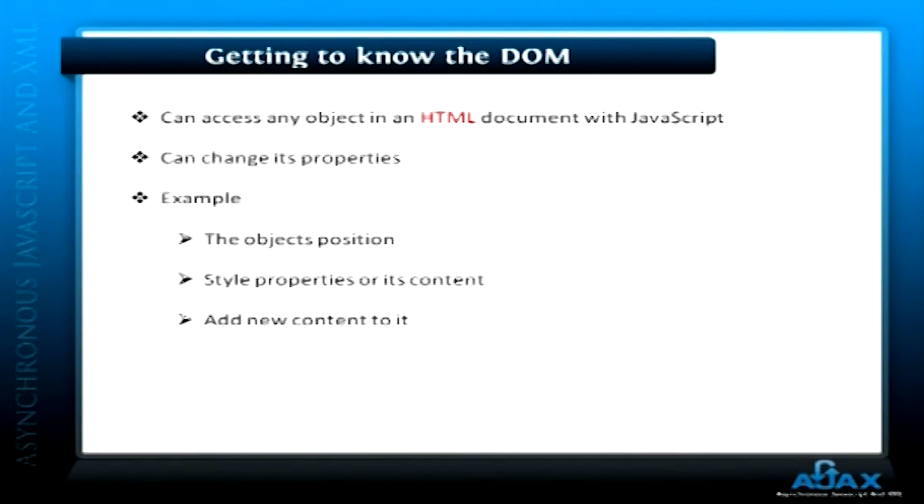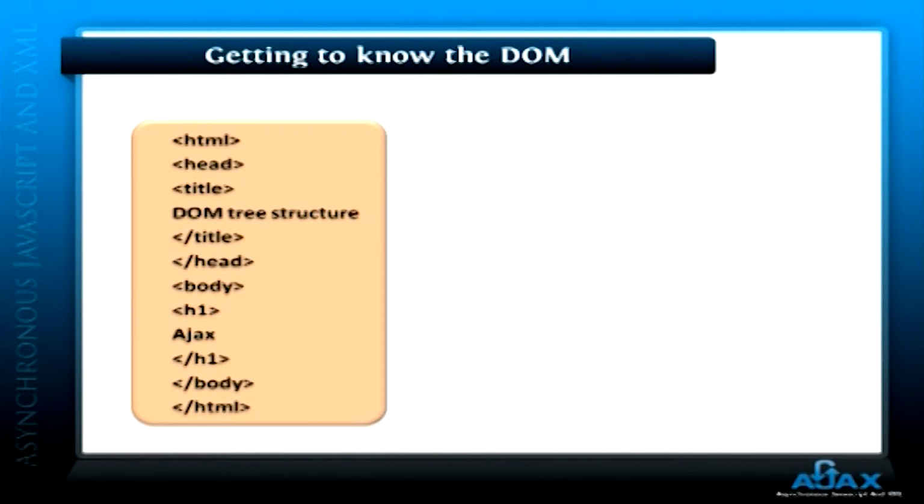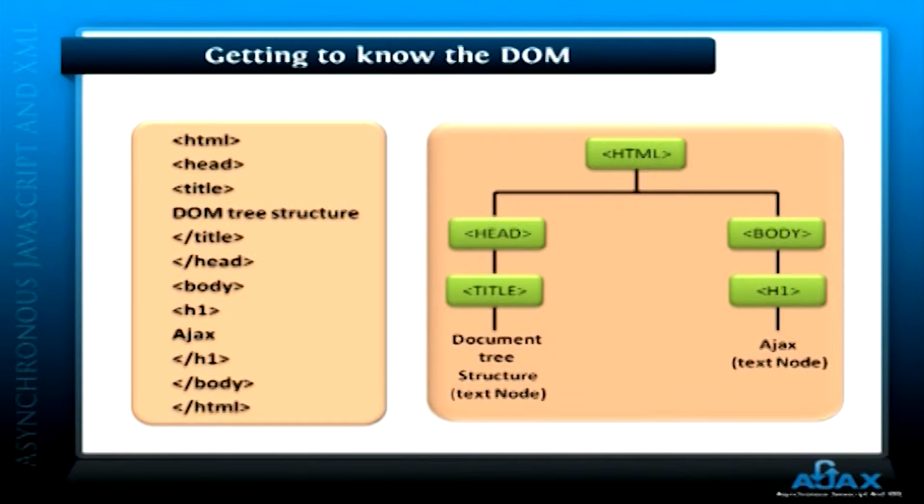Fine. Now let's see this with one example. This is the plain HTML script with a title and some text in the H1 header. Fine. Now let's see it in DOM terms. The elements of this simple web page make up a collection of objects arranged into a tree structure. This is now the web page and how it looks in DOM terms.